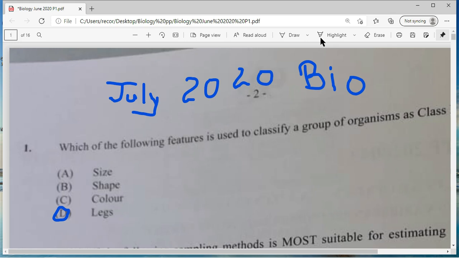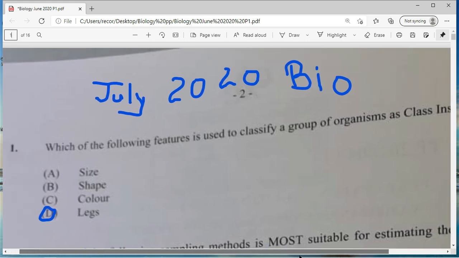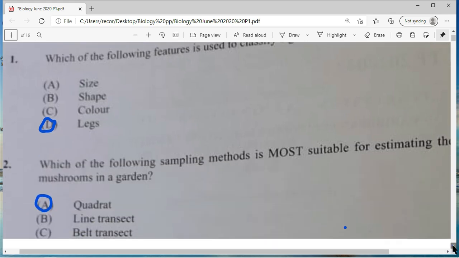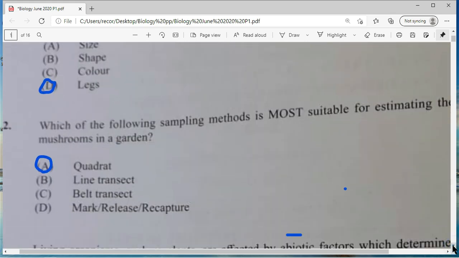The most suitable answer here, of course, is going to be legs. Insects usually have a body that is divided in 3: head, thorax, abdomen, and of course they usually have 3 pairs of legs. D here for number 1 being the best answer.